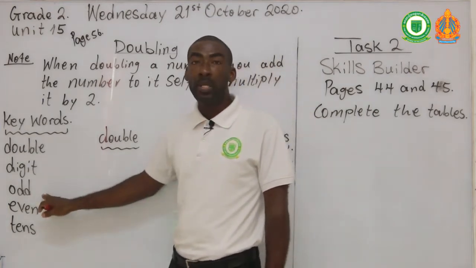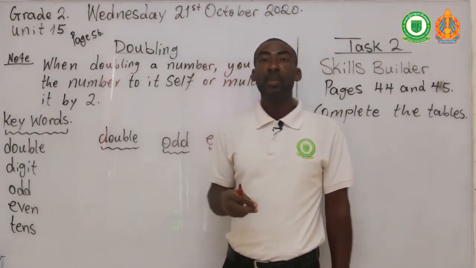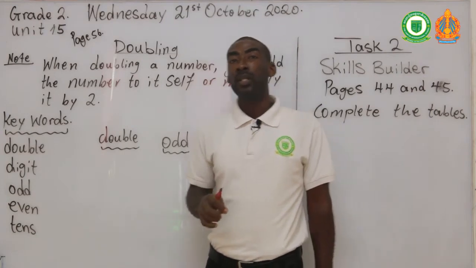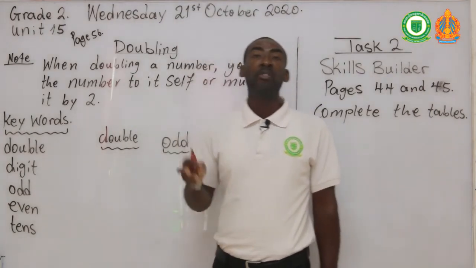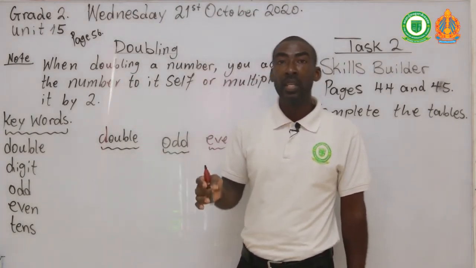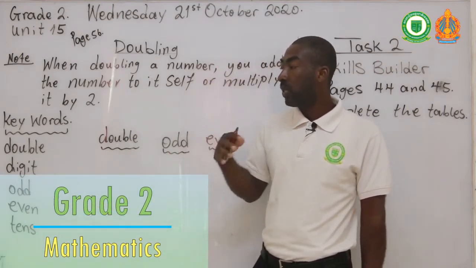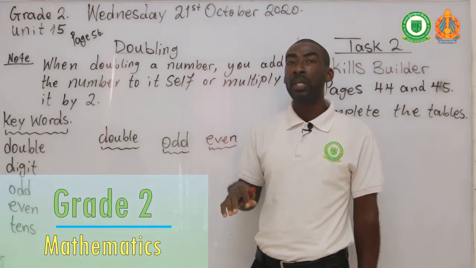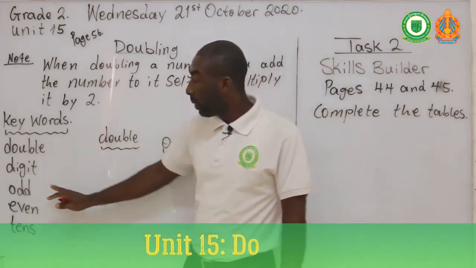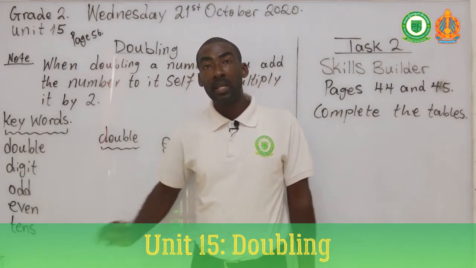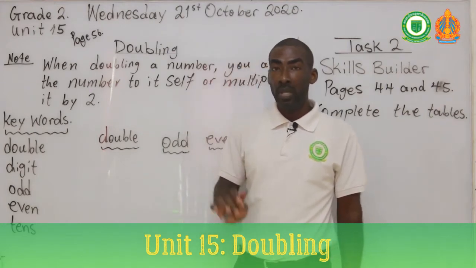Examples of odd numbers are 3, 5, 7, and 9 as well. You can also have 2-digit numbers that are odd numbers. Remember that odd numbers are numbers that when you divide by 2, you have a remainder.